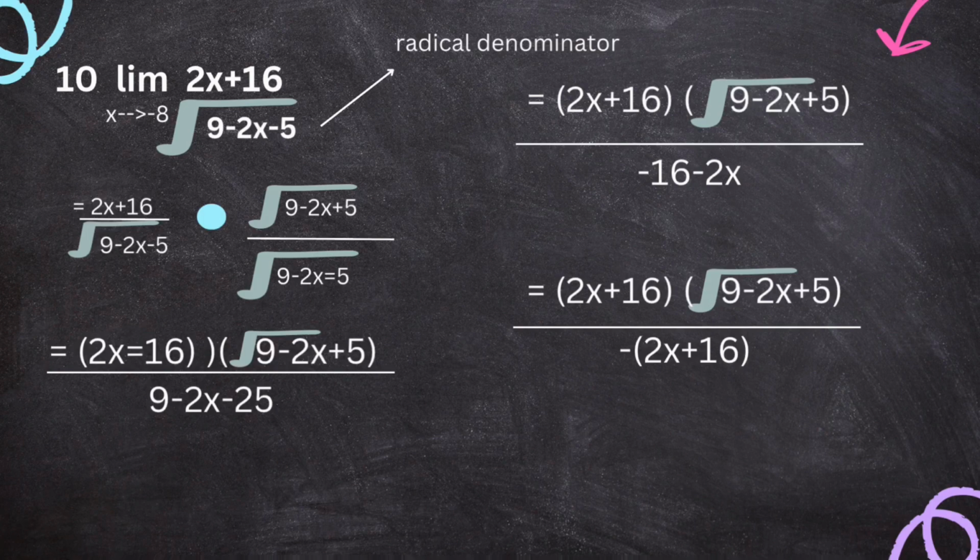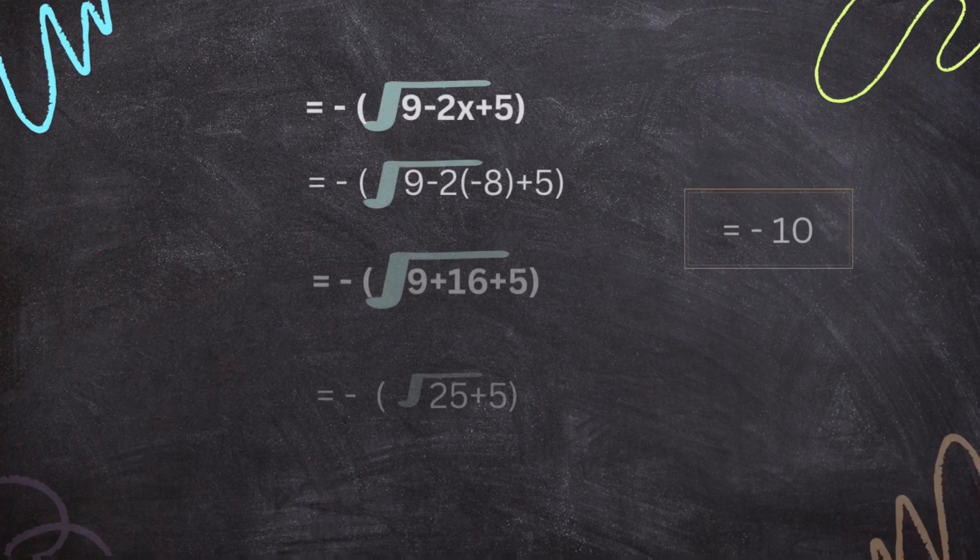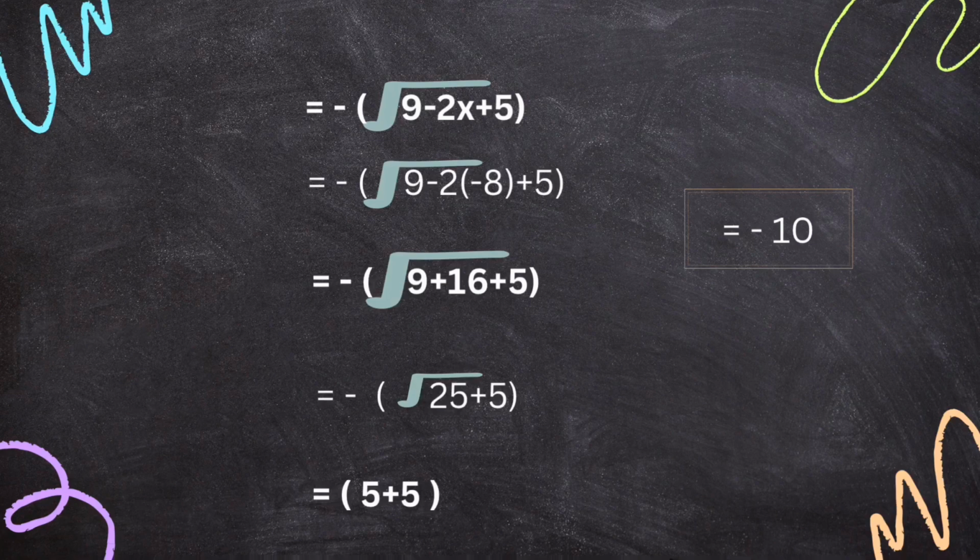And let's factor out the negative sign in the expression, and it would be 2x plus 16 times the square root of 9 minus 2x plus 5 over negative 2x plus 16. And let's cancel out the common factor, which is 2x plus 16. And it would be negative the square root of 9 minus 2x plus 5.